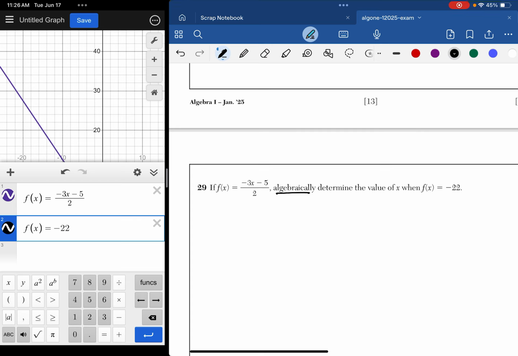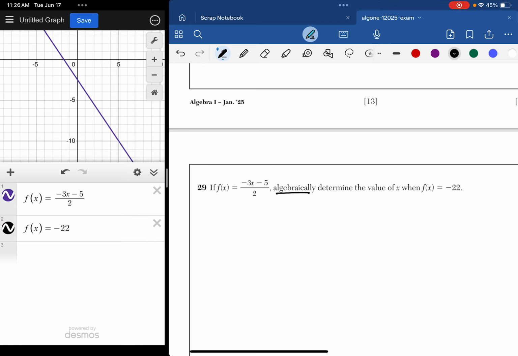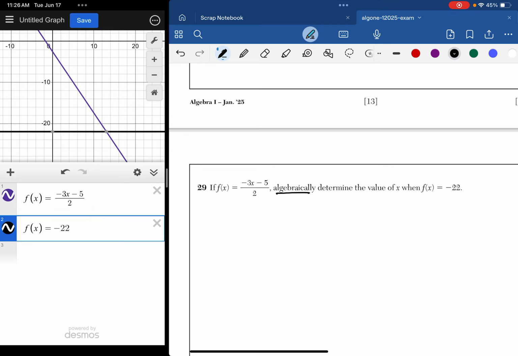But I could see why it wouldn't. I'm going to go to the home screen here. Get f of x equal to that fractional expression, and f of x equal to negative 22. We're looking for where they cross, which is at the x value of 13. So I know going in that x is equal to 13.